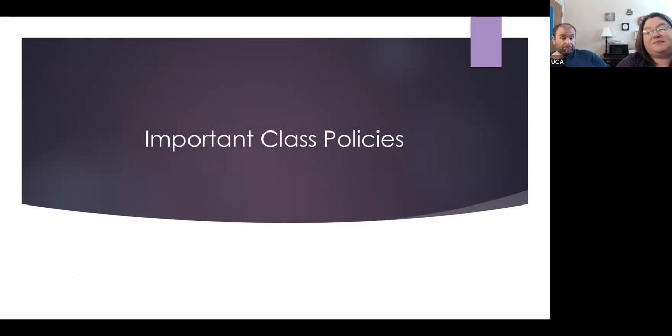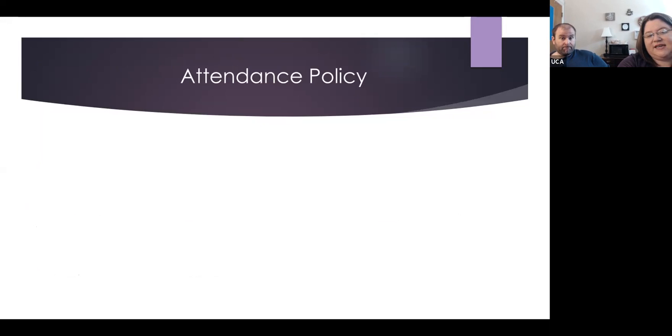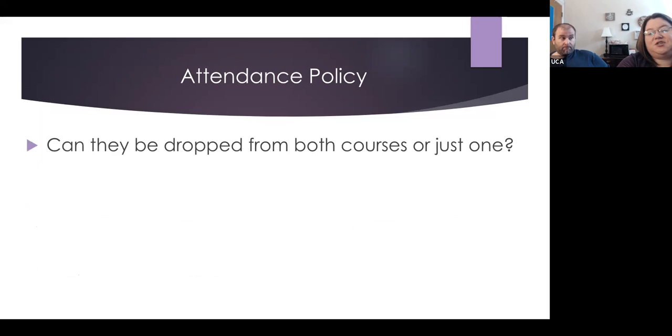So some important class policies that you might be interested in. You need to seriously consider your attendance policy. A lot of kids might figure out real quick, I just need to come to the college algebra part. This foundation stuff, meh, I don't need it. And they'll just stop coming. So we asked, can they be dropped from both of the courses or just one?